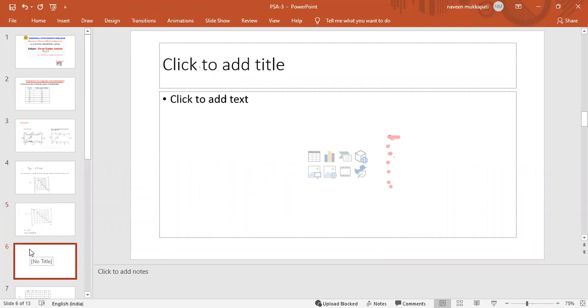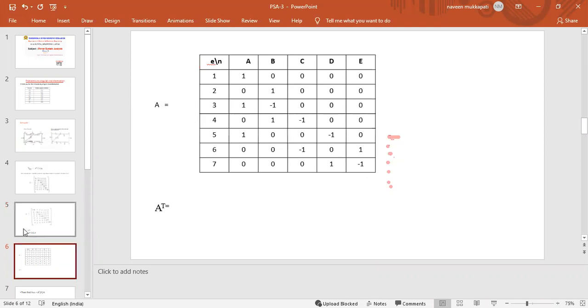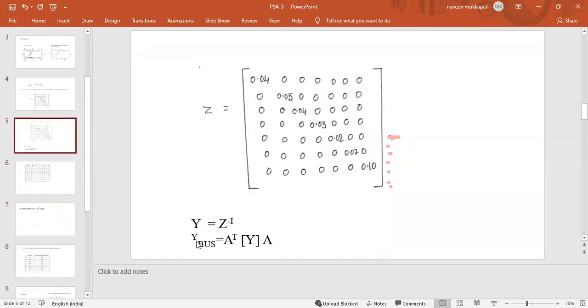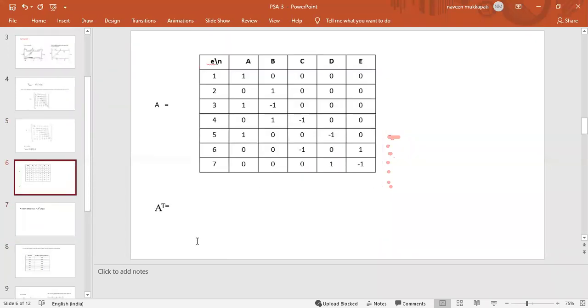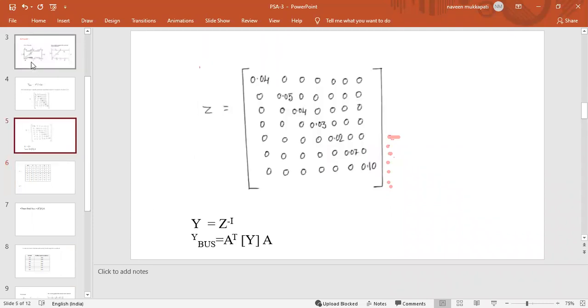What steps are to be taken to determine the A matrix? First of all, how many nodes or buses are there, or how many elements are there?